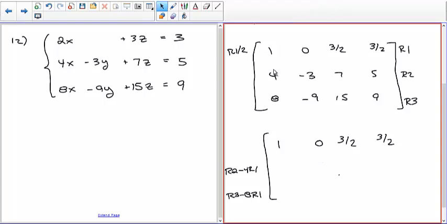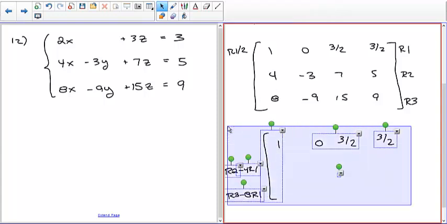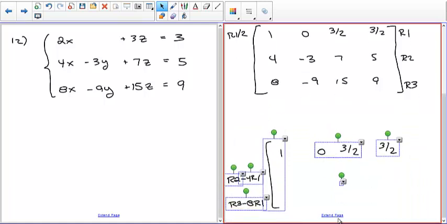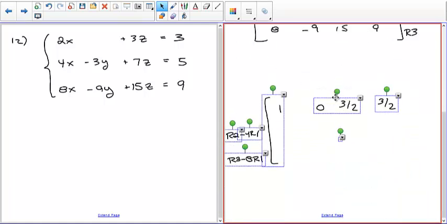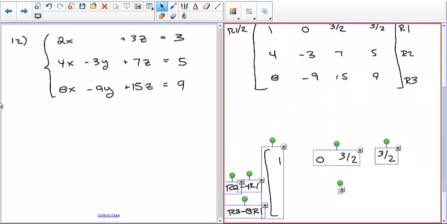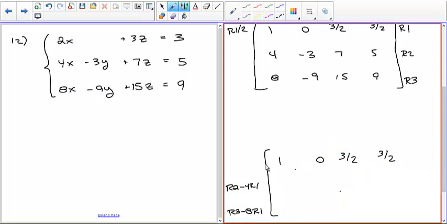4, 8. Okay, so I'm going to move this down because I need some space. So let's do this. 4 times row 1: 4 times 1 is 4. 4 times 0 is 0. 4 times 3 halves, that's 12 halves, which is 6.